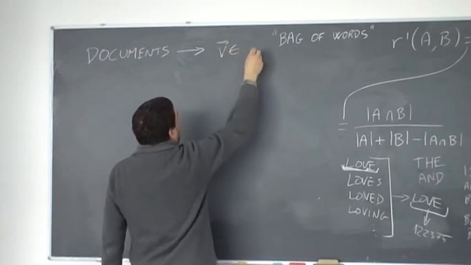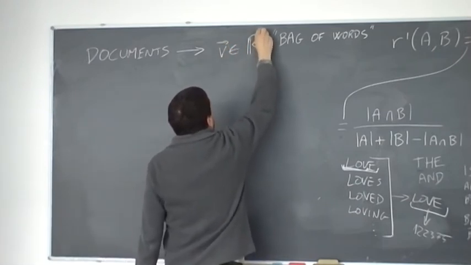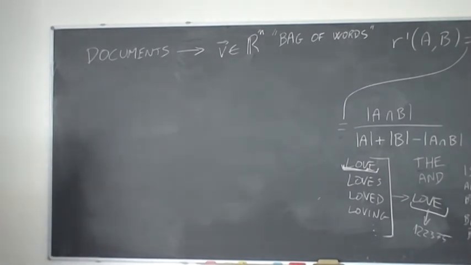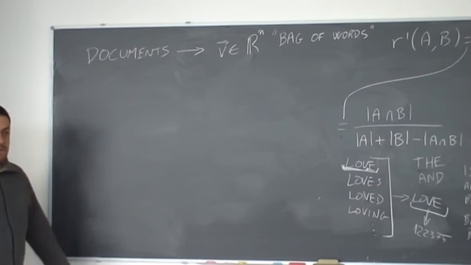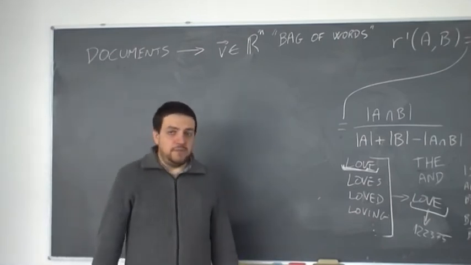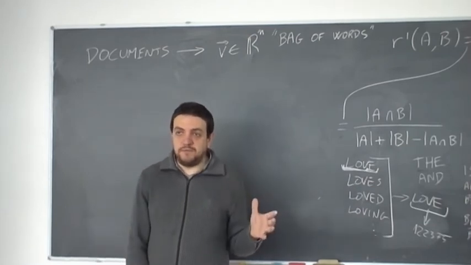Now, let's move to a different representation. Can we represent a document as a vector in a vector space? The idea is yes, by doing something very similar to what we have done before.